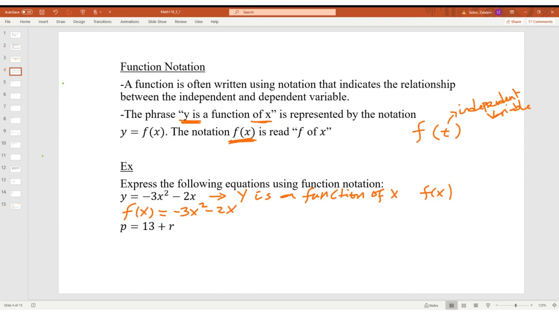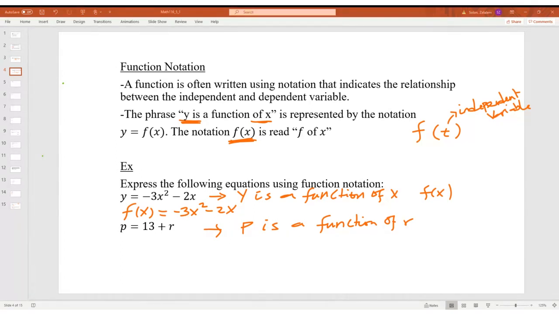The second one says p is a function of r. Now write down this in function notation. So how do you write p in function notation?